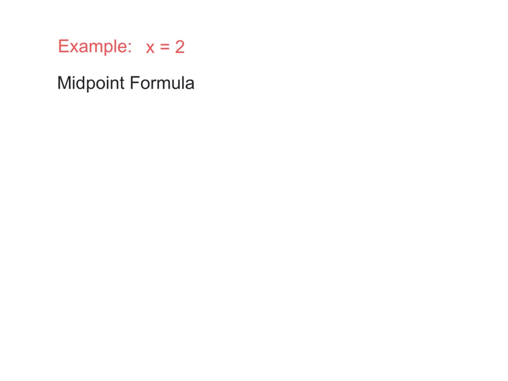So now let's say we've got two points, and we want to find the point that's midway between these two points. Well, if we wanted to do that, we could use the midpoint formula.